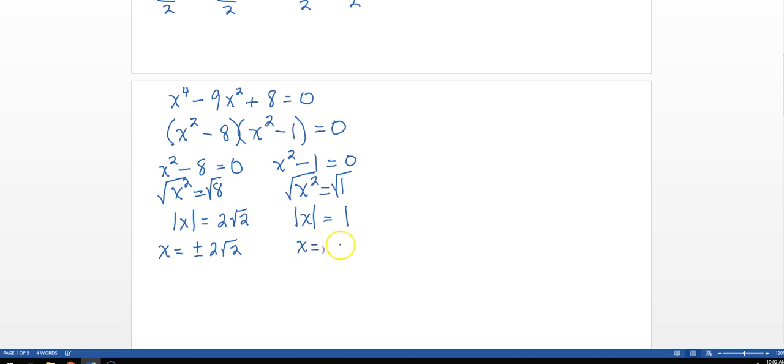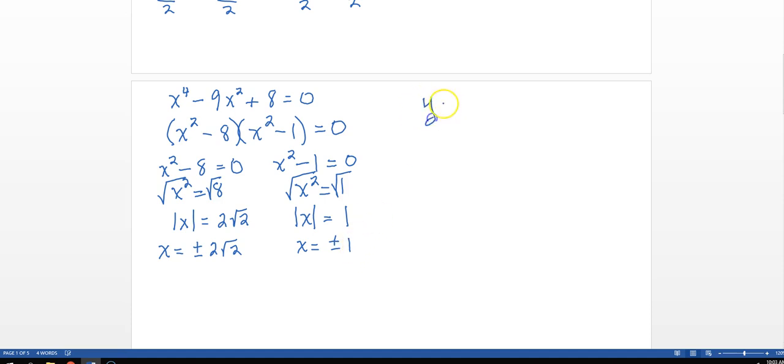Therefore, x is equal to plus or minus 1. And as we know, when you're solving a system, it's an ordered pair in this case. So I need to determine what y is equal to when x is equal to plus or minus 2 root 2 and when x is equal to plus or minus 1.